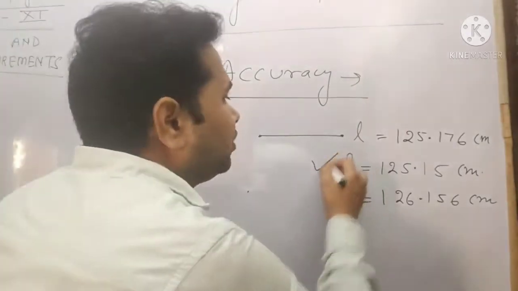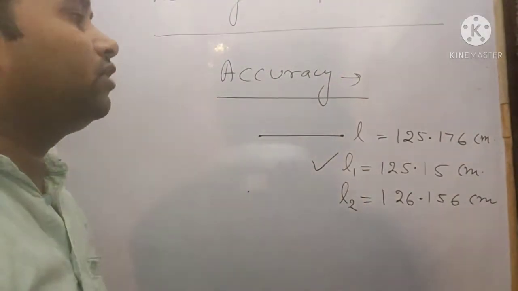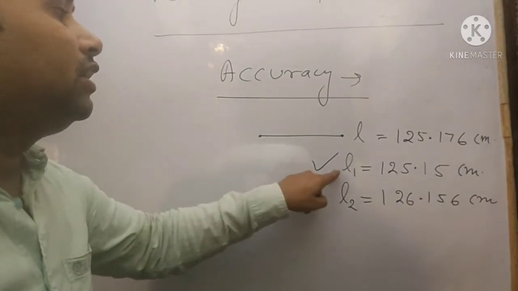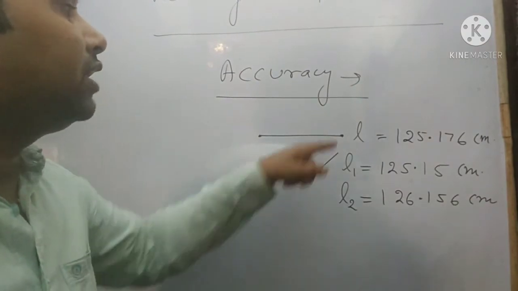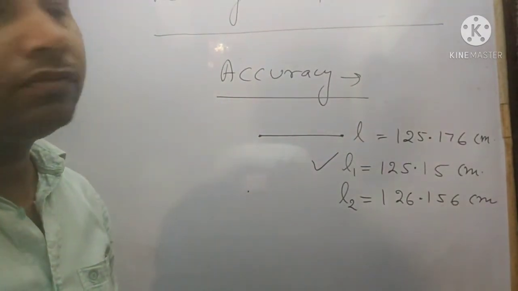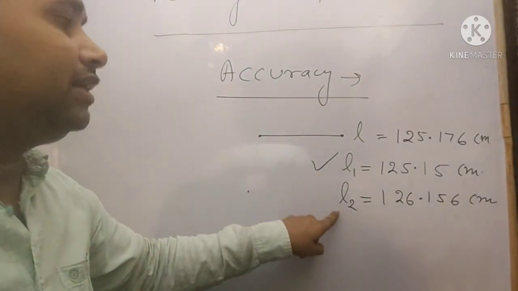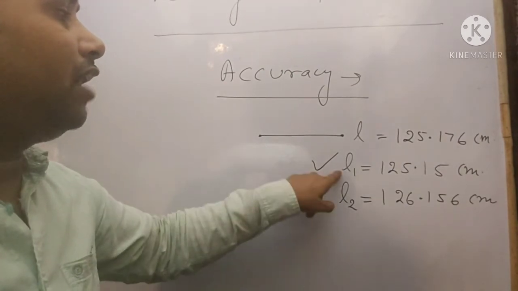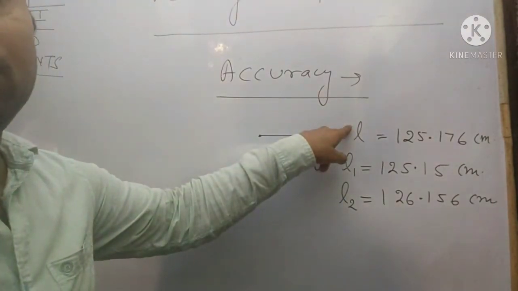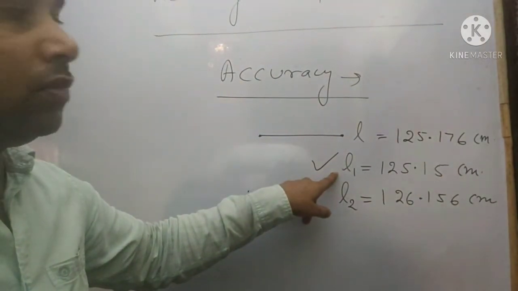Yes, L1, the first observation, 125.15 centimeter. This is very close to the true value, the actual value. So this is more accurate than L2. Comparing these two, L1 is closer to the original value, so L1 is the more accurate number.